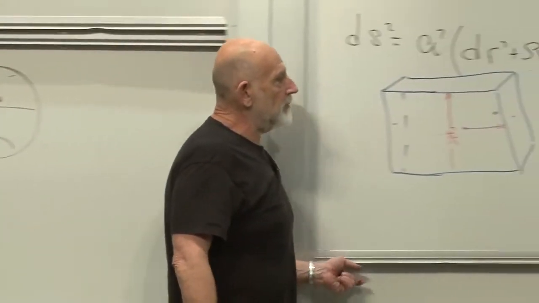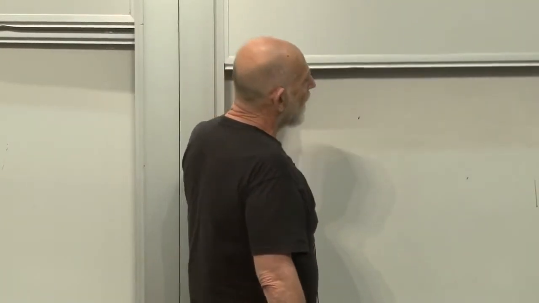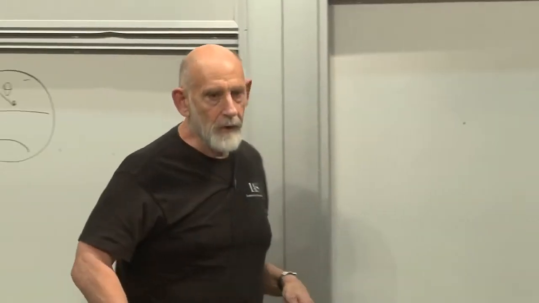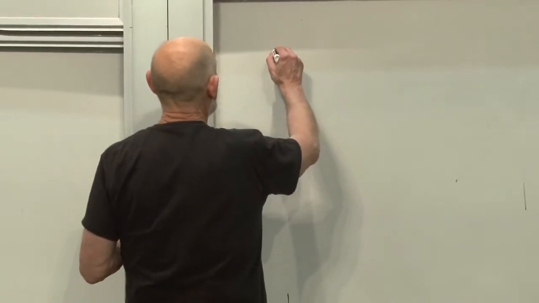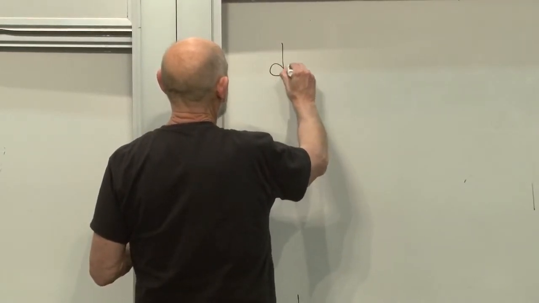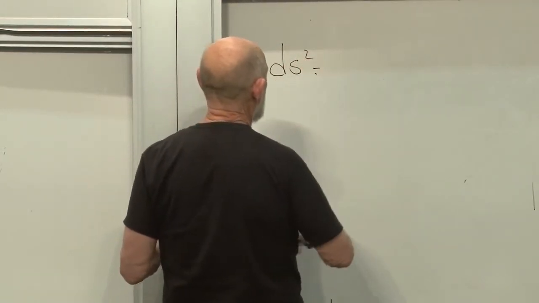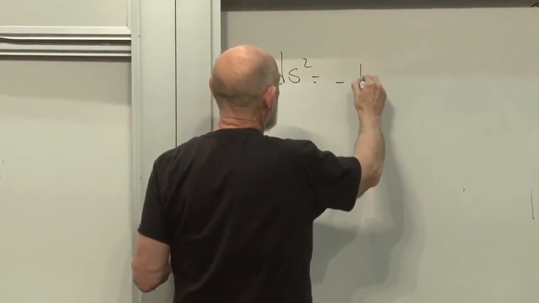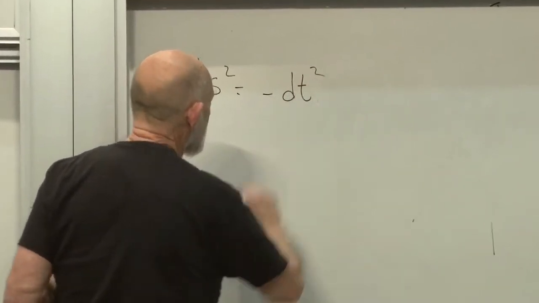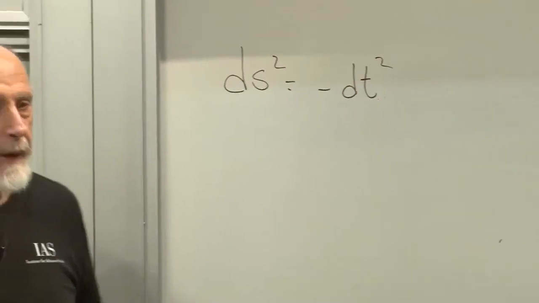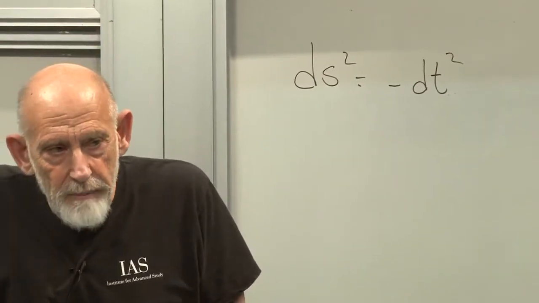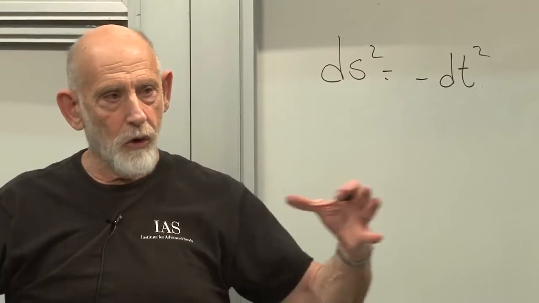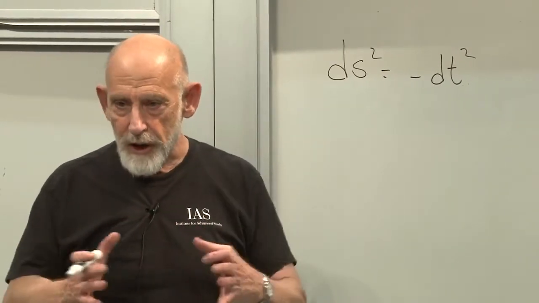So let's write down the metric now of the 3 cases of interest, the space-time metric. First of all, flat. ds squared is equal to minus dt squared. But this is not ordinary flat space-time. This is flat space, ordinary time, but with a growing or shrinking geometry.